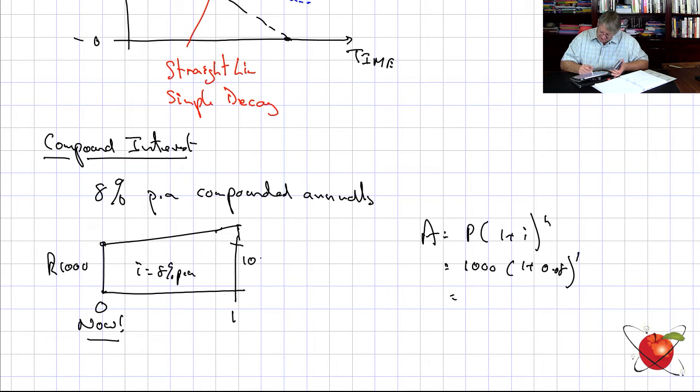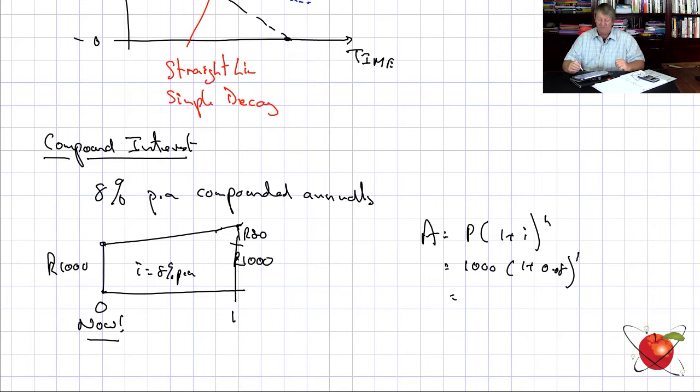So basically, there's 1,000 Rand, and the bank comes and adds the 80 on top to give us a balance in our account. Always think of this as an account. It could be your own money tin, but think of it as the bank, rather. The money is in the bank, it's earning the interest.